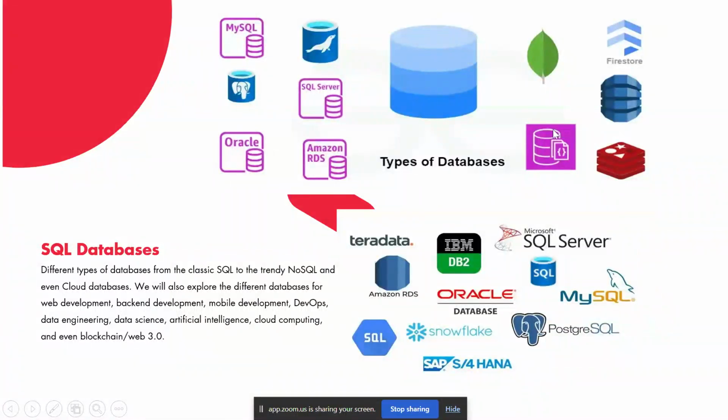These are non-relational databases. Then on this other side we have Teradata, Amazon RDS, IBM DB2, Oracle database, SQL, Snowflake, SAP HANA, Postgres, MySQL, and Microsoft SQL Server. All these are still databases.